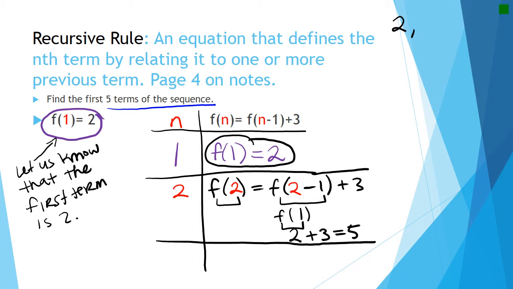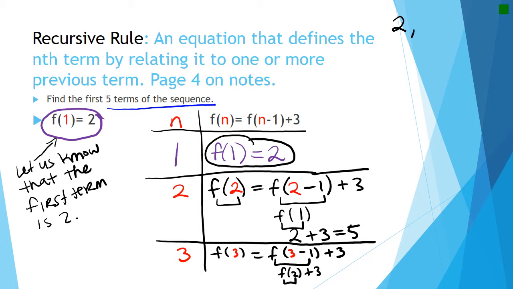And then I'm going to go ahead and find my third term by doing the same thing. I'm going to leave spaces. And remember that everywhere there's an n, you're going to go ahead and replace it with 3. So my third term, well, here it's f of 3 minus 1, which is really f of 2, plus 3.